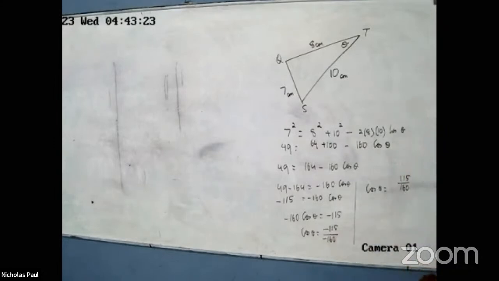Then we carry across cos, so theta is equal to cos inverse of 115 over 160. How much is that? Cos inverse of 115 over 160 is 44.1.